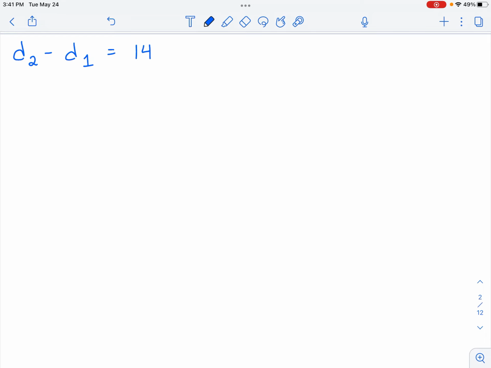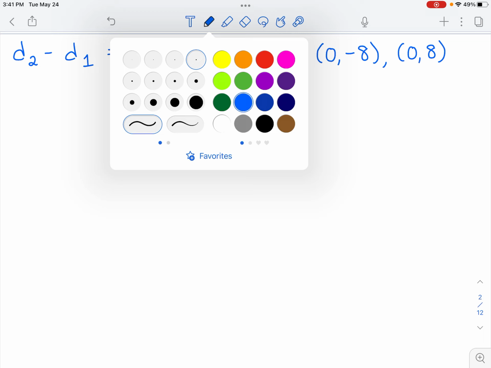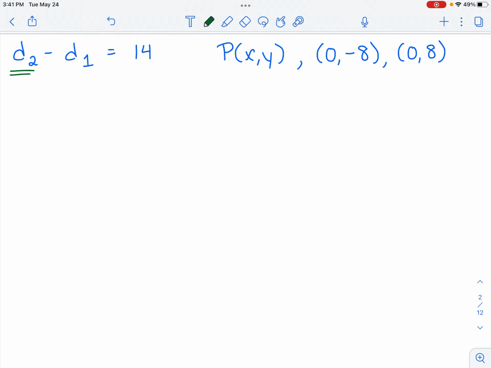So we're going to need to use the distance formula twice, but we need to know what points we're going to be using. So we have a generic point that's at some point x comma y. We don't even know its precise coordinates, but that's okay. We also have the focus point at 0, negative 8, and the other focus point at 0, positive 8. All right, so let's take a look at D2.